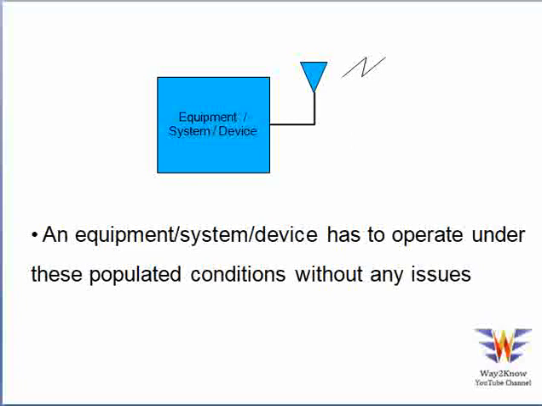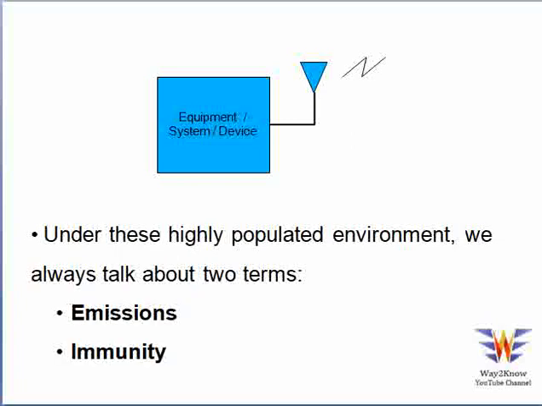Now when we talk about this populated environment, and especially from the electronics design perspective, we have to mainly talk about two terms. One is called emissions and the other one is called immunity. So what is this? Emissions, very clear, right? Straightforward. It's basically the emissions that are coming out of the wireless devices, the RF emissions.